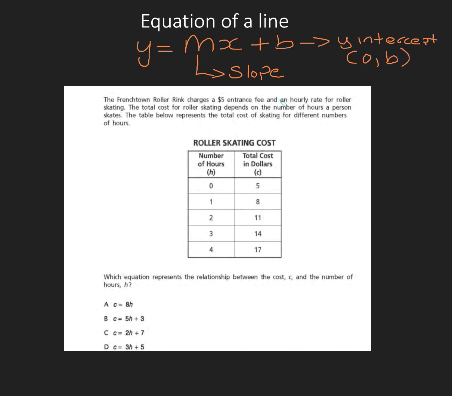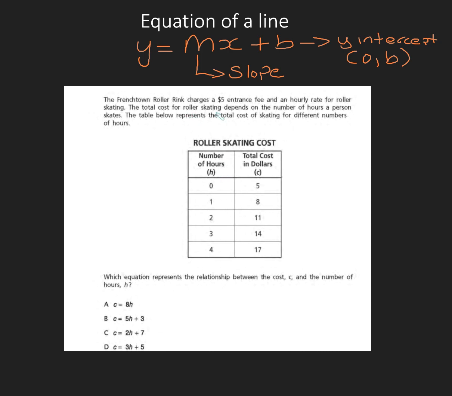With all that information, when you read your word problem, you should be able to identify your slope and your y-intercept. So let's begin. Our problem states the French Town roller rink charges a $5 entrance fee and an hourly rate for roller skating.